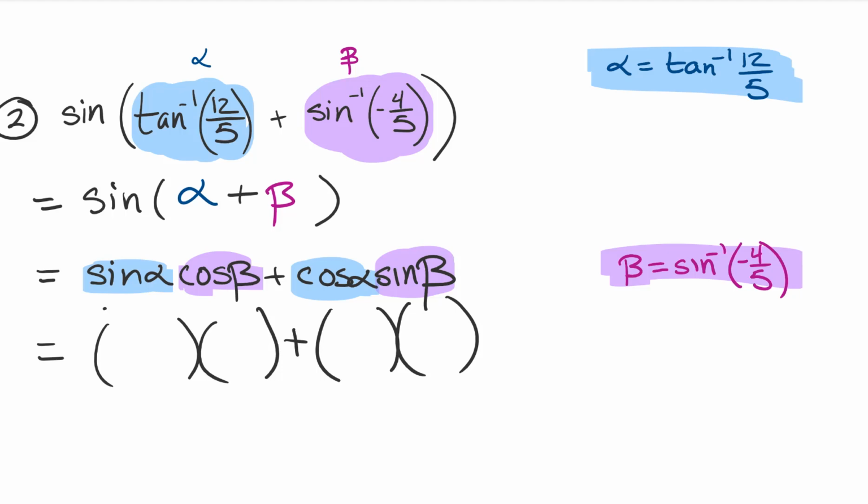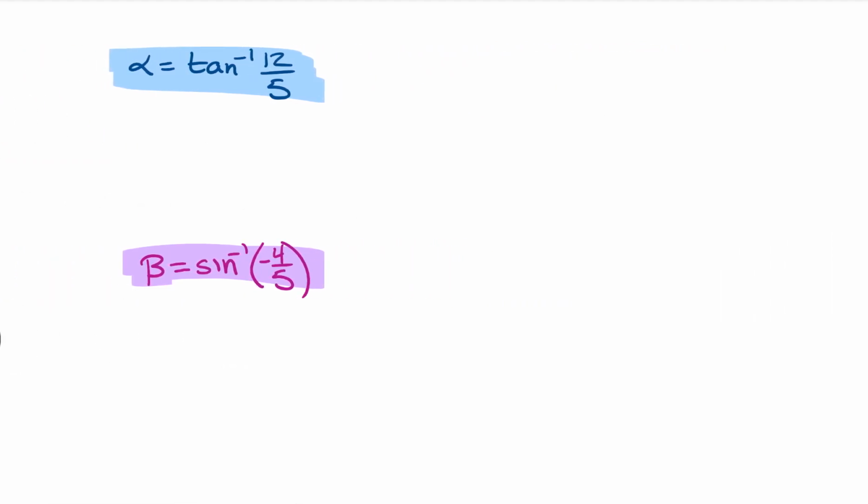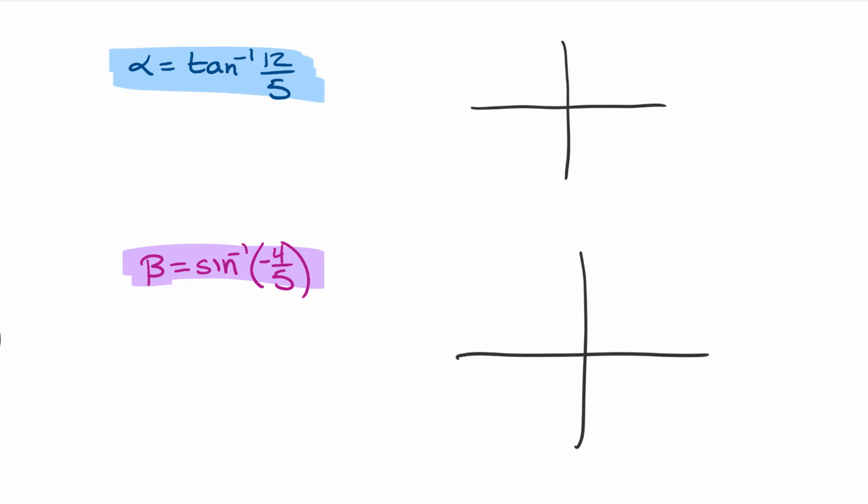So let's go. I'm just going to jump aside. We're going to make some triangles here. Just going to draw the triangles for these 2 angles. For alpha, if the input's positive in an inverse, you're in the first quadrant. So let's make a triangle in the first quadrant that has an opposite of 12 and an adjacent of 5.